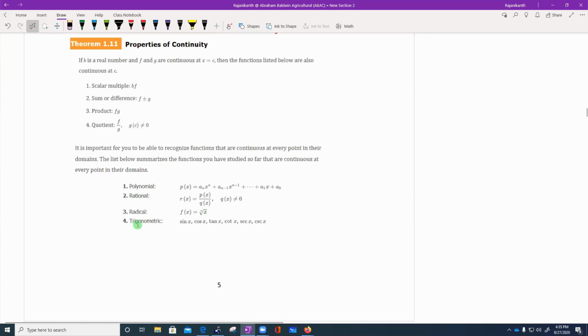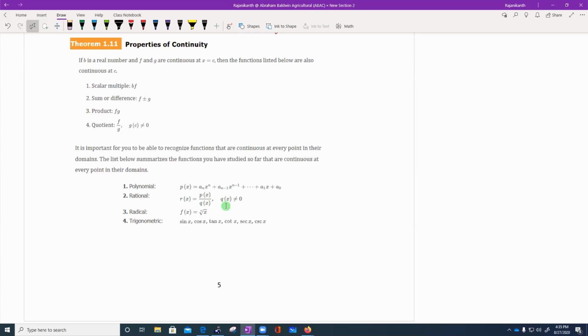Then the special cases are the trigonometric functions: sine, cosine, tangent, cotangent, secant, and cosecant. These are all basic functions. All four varieties of functions are always continuous on their domain.